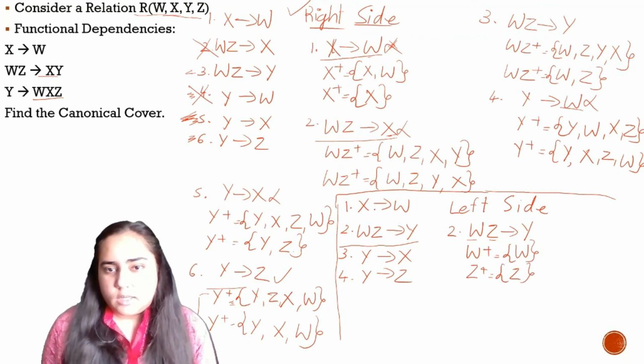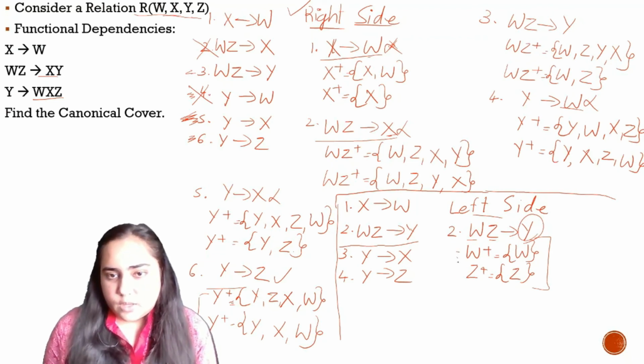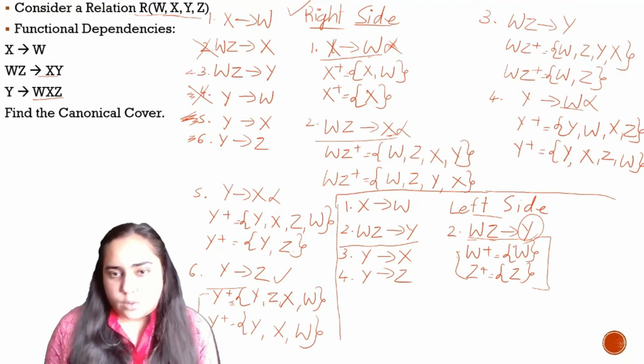Now if you check, can you find Y in the closures of either of these two? No. Y can be obtained only when W and Z are combined together. If you use only one of them, you cannot get the attribute Y. And that's why this dependency remains as it is. We cannot remove either W or Z, because by using just W and just Z, we cannot get Y.